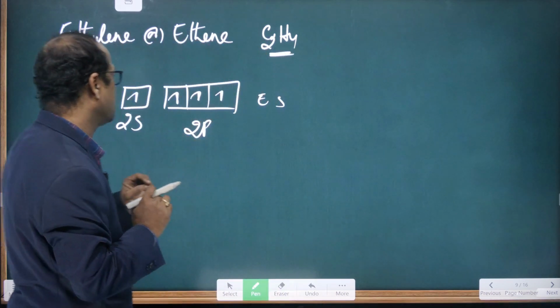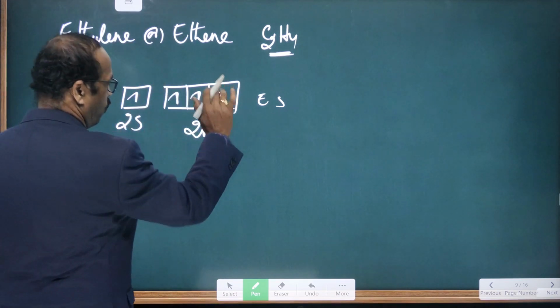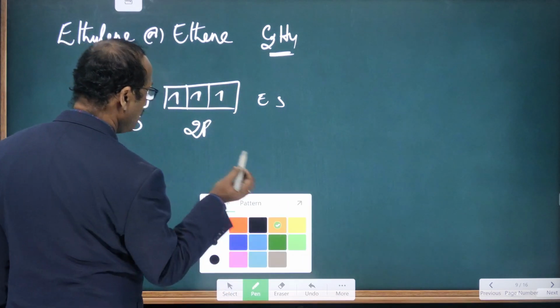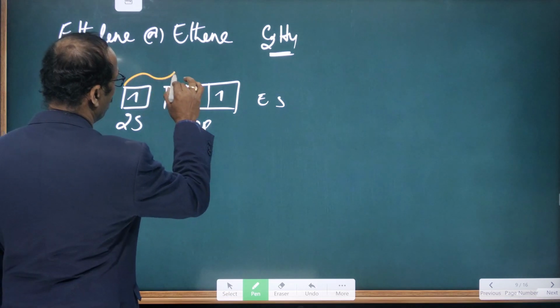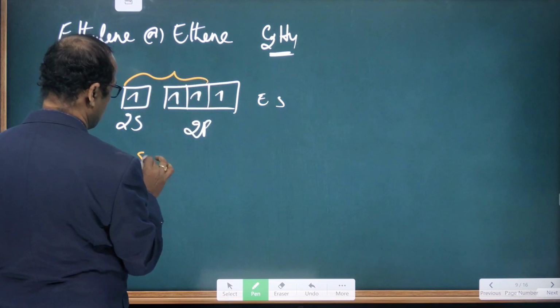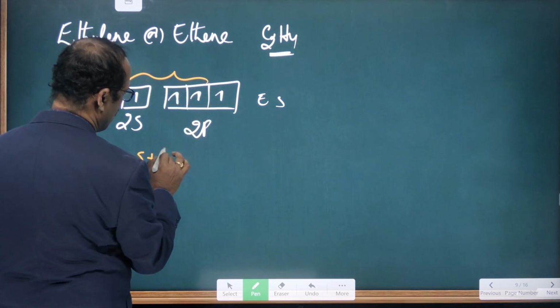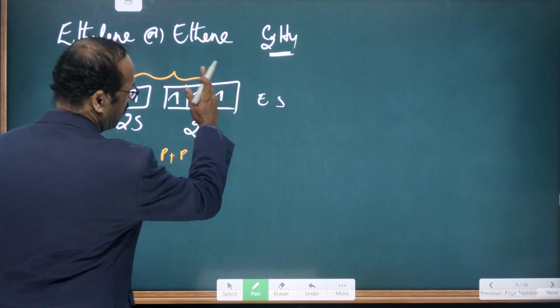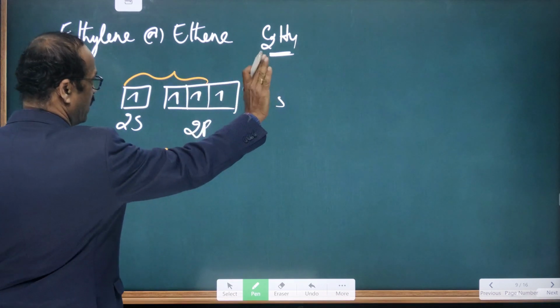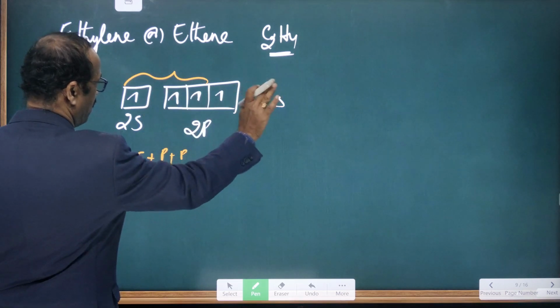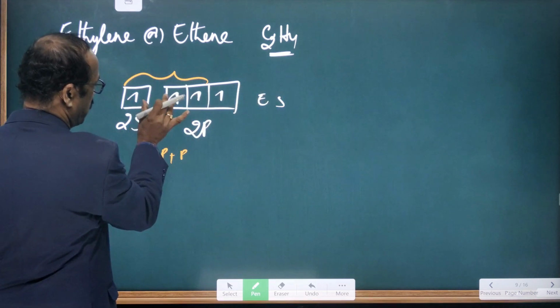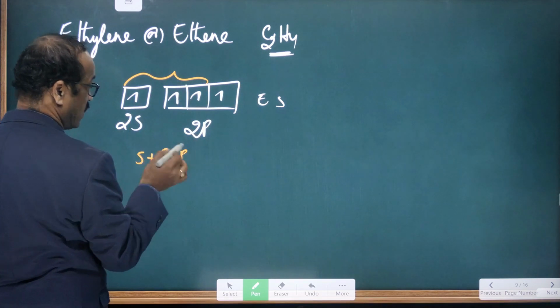But here not all 4 but only 3 undergo hybridization: the s orbital and 2 p orbitals only, leaving that one electron free.